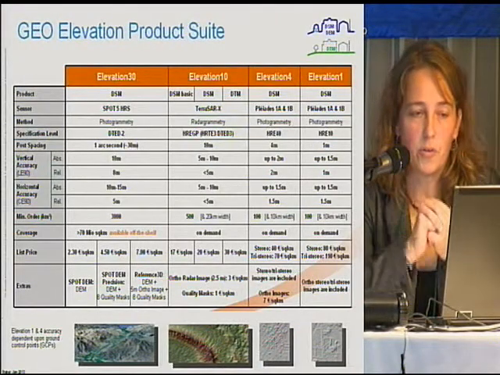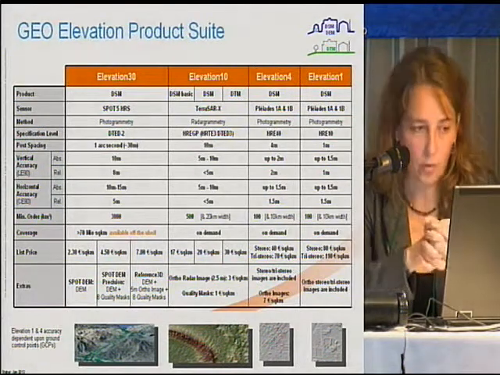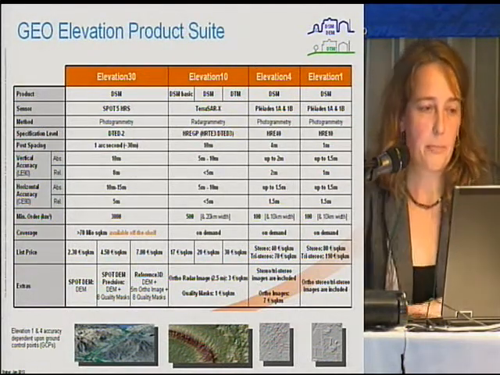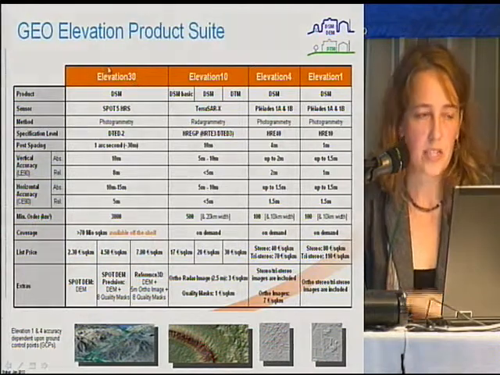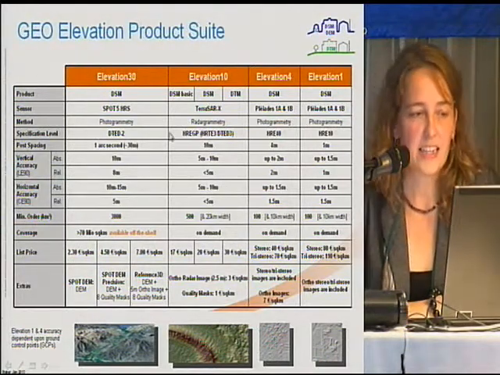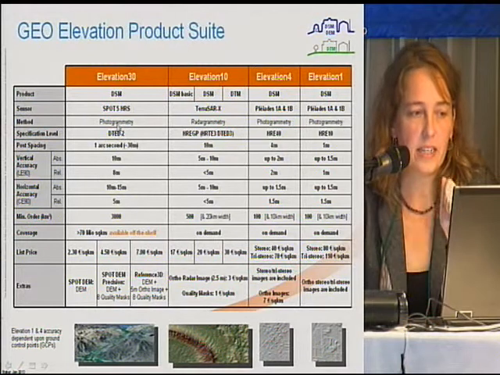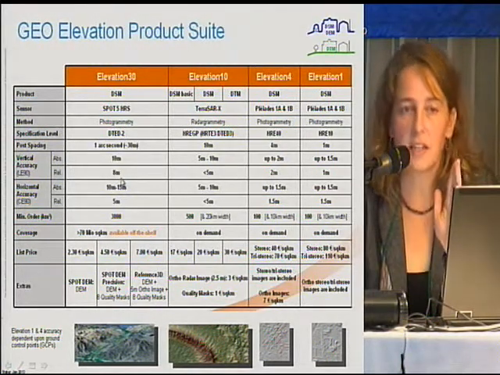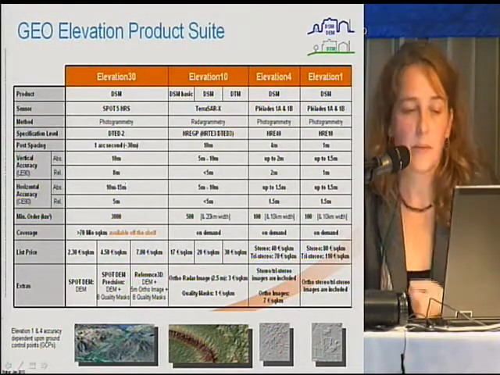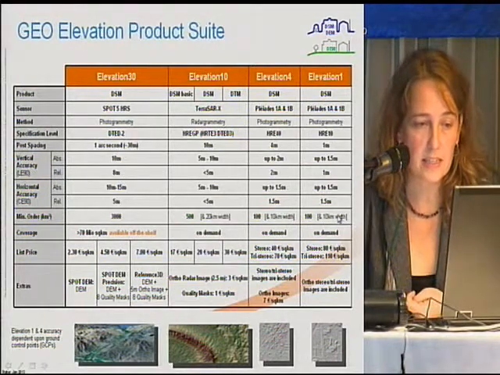An overview and a summary of the products we provide at the moment. You can see from the left to the right side that the resolution gets finer, the accuracy goes higher, and it's more precise.